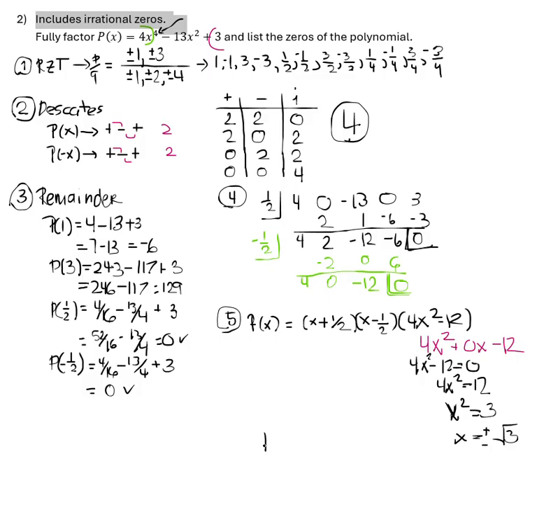In which case my P of x can be written as fully factored form x plus 1/2. I'm going to run out of room, I think. Hold on. We're going to do a little trick I learned. We're going to take all of these and just move it.